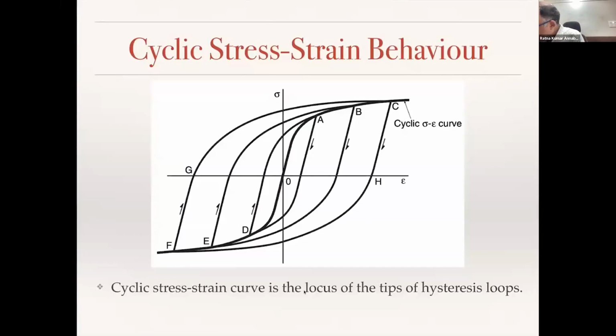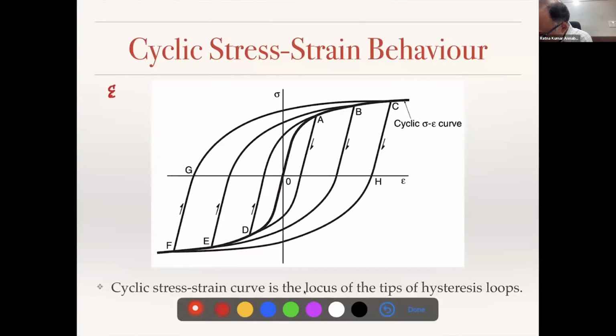Right, I said corresponding to epsilon A1, that is OADA loop, corresponding to epsilon 2, OBEB loop, corresponding to strain amplitude 3, that is OCFC loop. Right, now you can identify, so these are all for different strain amplitudes.